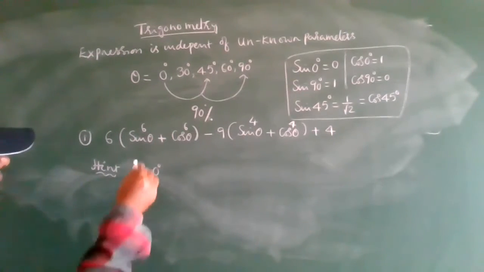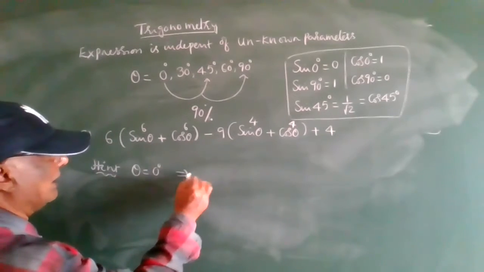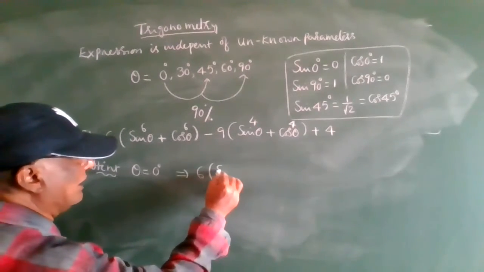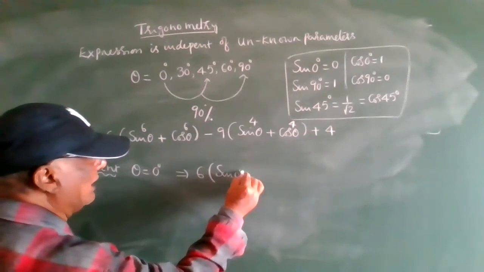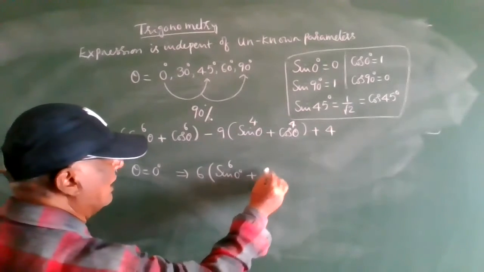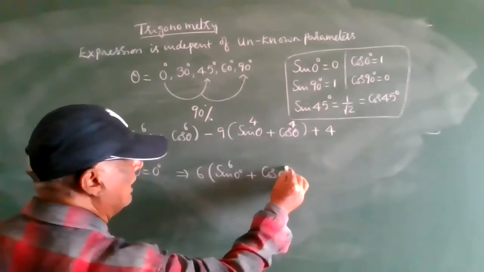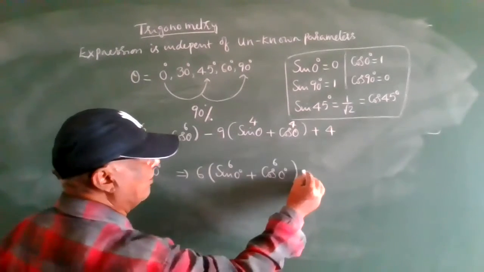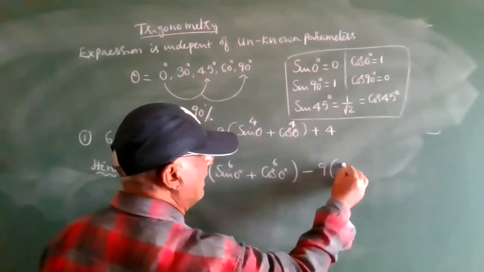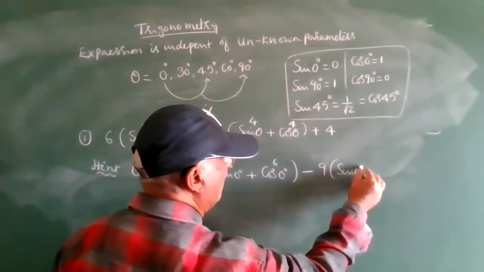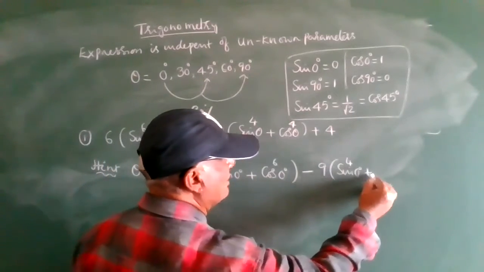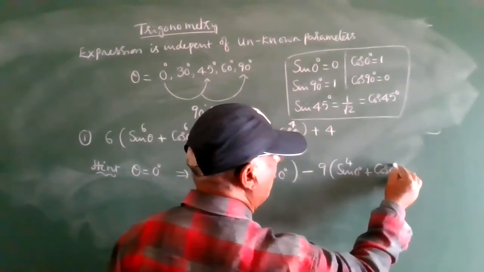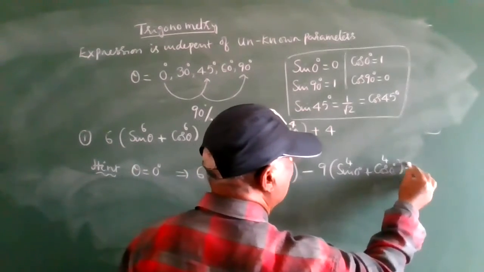With 0 degrees: 6 into sine 0 degrees power 6 cos 0 degrees power 6 minus 9 sine 0 degrees power 4 cos 0 degrees power 4 plus 4.